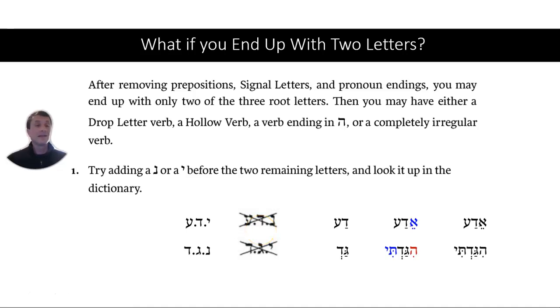Okay, it's not that. Or maybe it's a meaning that makes no sense in the context. You're like, okay, that's probably not it. Then you look up, okay, what's another option? Maybe it's a first yod verb. So then it's yod dalet ayin. Oh, yeah, that's to know. And the really common verbs like yada, you're going to become pretty familiar with, so that even when you only see 2 signal letters left, your mind should go there pretty quickly. Like, oh yeah, that's from yada.